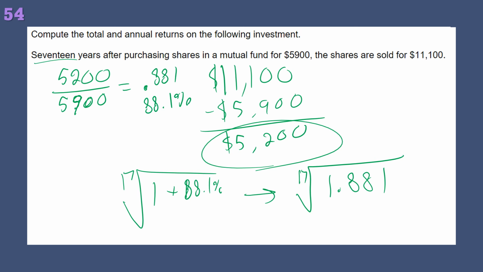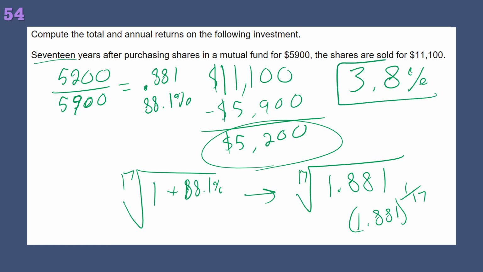If you don't have a calculator that can do a 17th root, you can use exponents: the 17th root is the same as raising 1.881 to the 1/17th. Some calculators can't do a 17th root, but they can handle exponents like that. According to my calculation, I got about a 3.8% return annually.